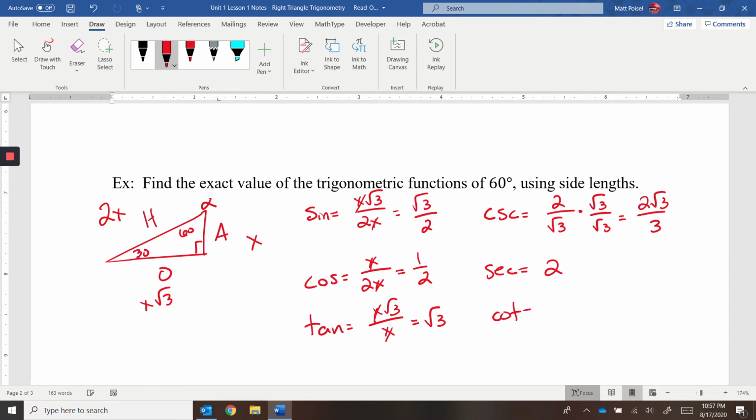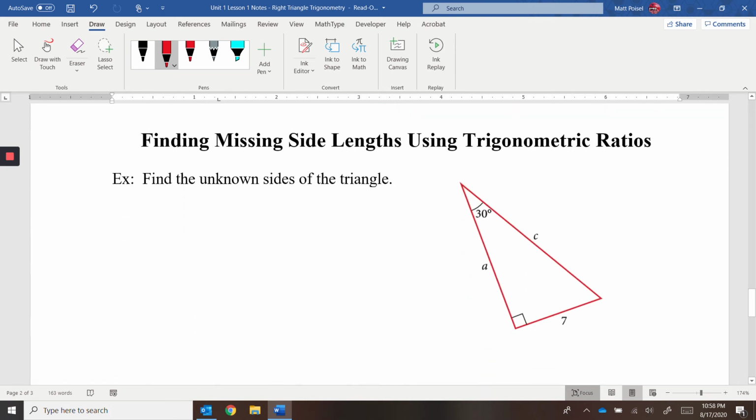Now cotangent, be careful here. It's 1 over the square root of 3, but we're not okay with that, so we're going to rationalize and get the square root of 3 over 3. Those are things that you're going to eventually have memorized with the special types of triangles, the 30, 60, 90, and also the 45, 45, 90, but we'll talk about those a little bit more later on.